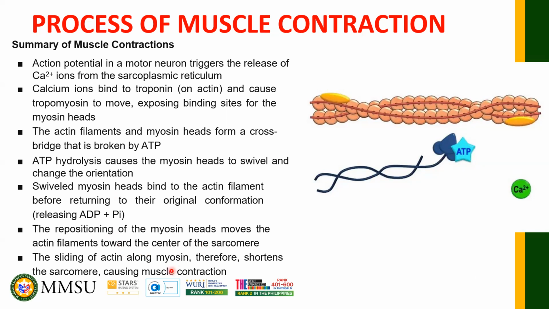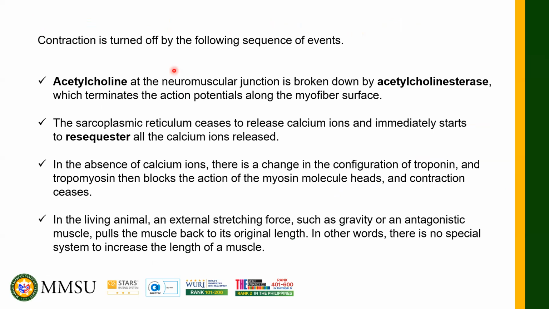So the sliding now of actin along the myosin will shorten the sarcomere, leading now to muscle contraction. Okay? So meron din tayo dito, sabi dito, the process of turning off the muscle contraction is done by the following sequence of events.